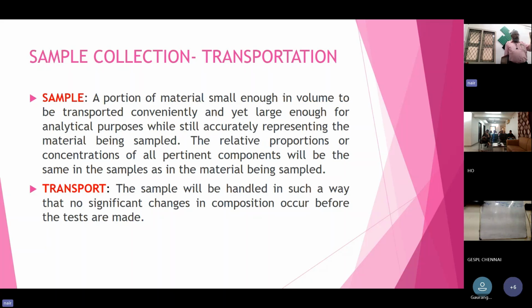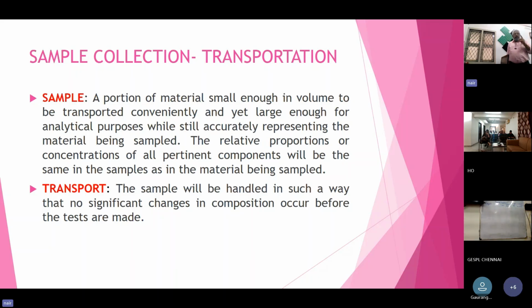So, what is there in the material that is to be collected? If the container that we are taking the sample in is not good enough, or if it is dirty or contaminated, then taking the sample into this container will not give an actual representative sample.